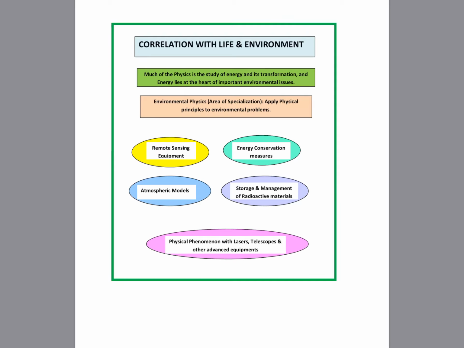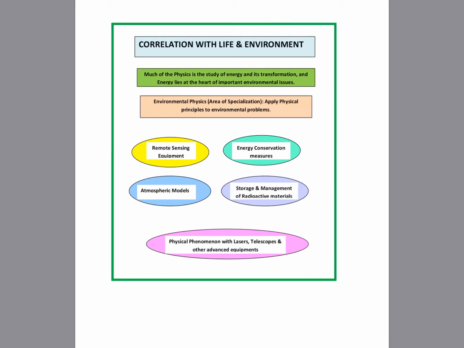So in this particular class, we'll discuss only this much. The first two objectives we have covered: we wanted to know about the nature of science and its correlation with different subjects.